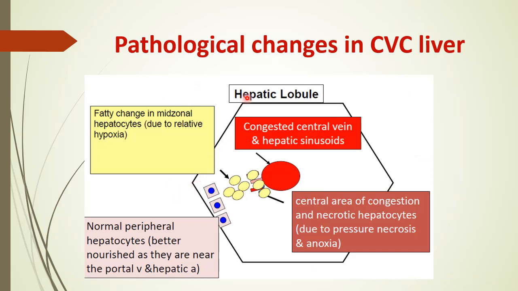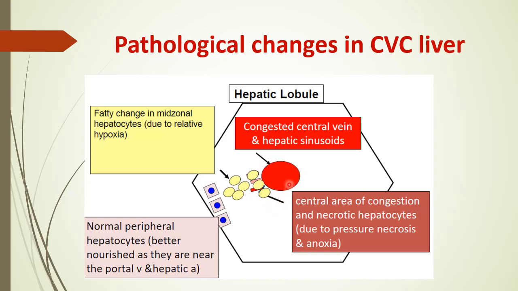And now this is another diagram of the hepatic lobule, which is composed of the central vein and the hepatic sinusoids, and the portal tract contains three structures: bile duct, branch of portal vein and branch of hepatic artery. The changes that occur in the liver tissue in chronic venous congestion, we can divide into three zones.